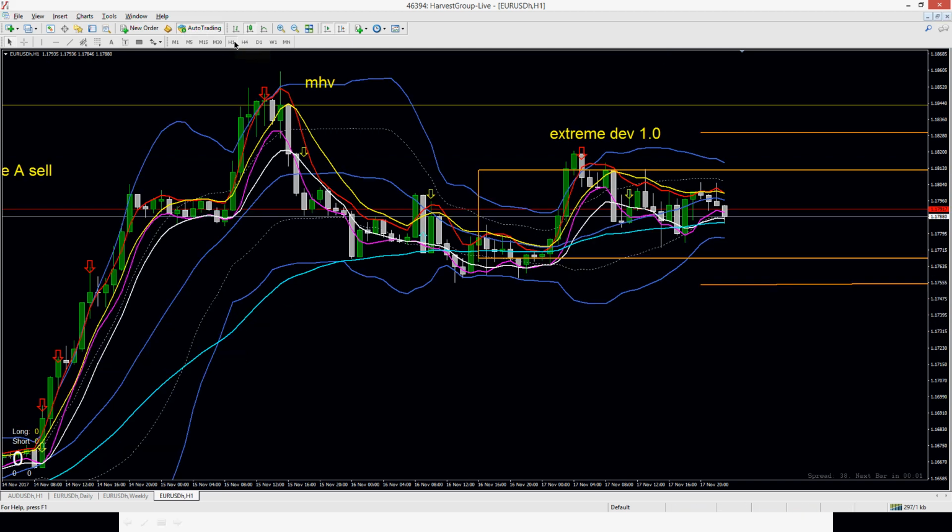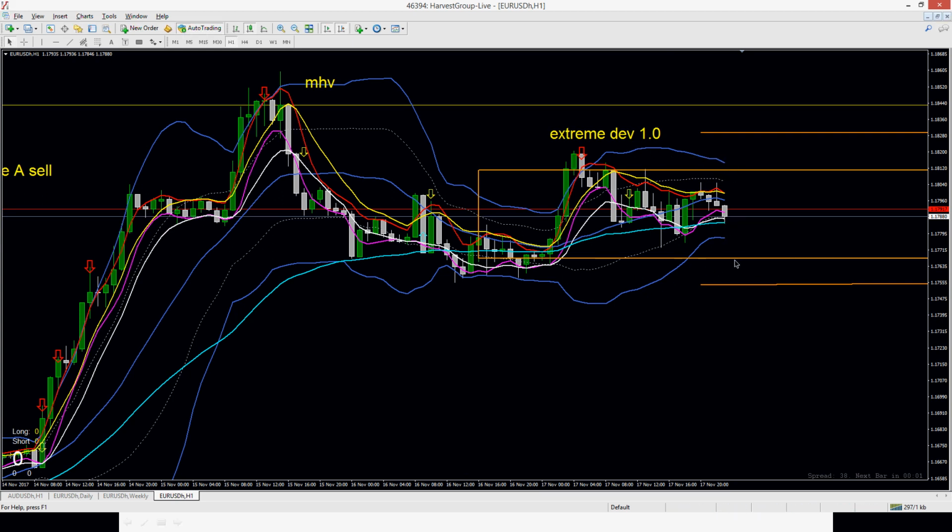Then we move on to H1. H1 also tells us that the MA50 is below mid BB, so it is a signal of an uptrend.